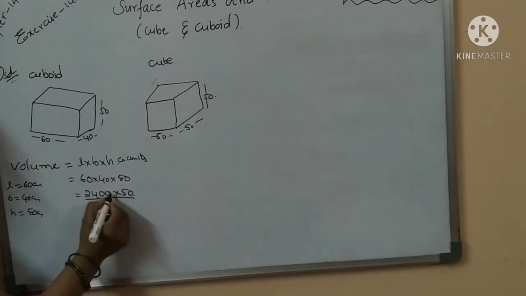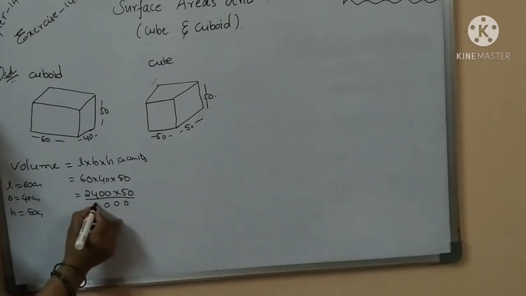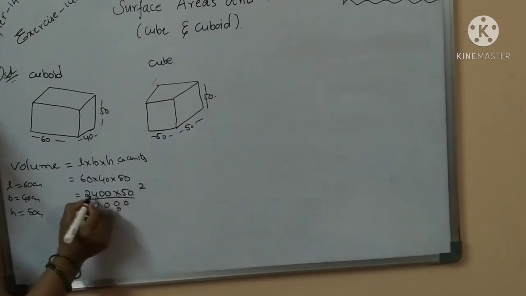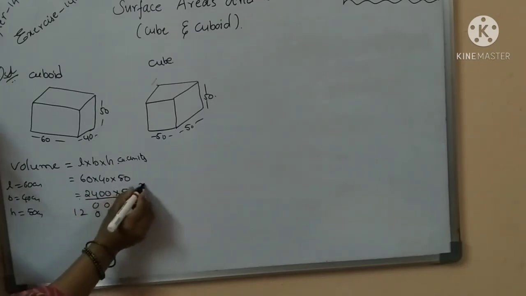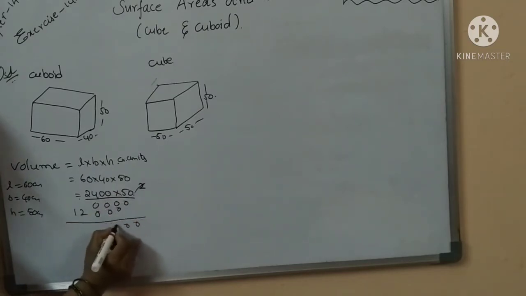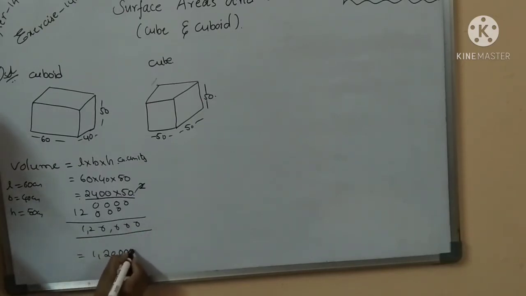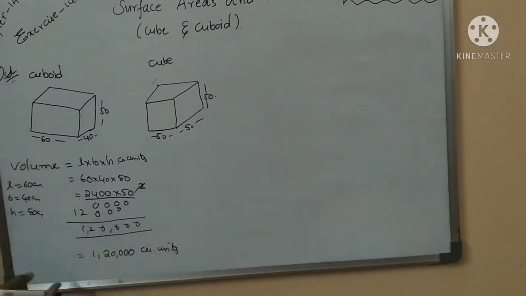So multiply: 5 4s are 20, 5 2s are 10 plus 2, 12. So here write 1,20,000. So that is equal to 1,20,000 cube units.